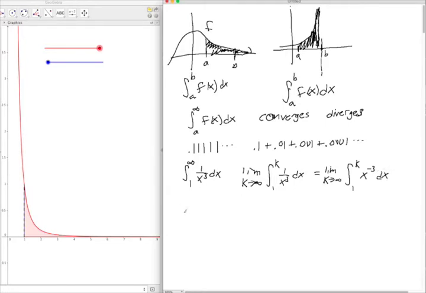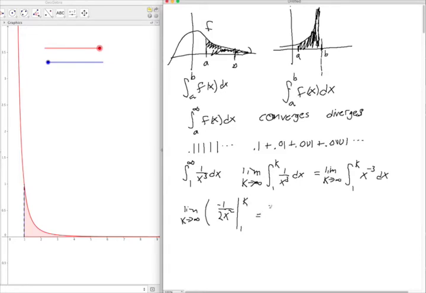So the rule, which is pretty easy: the limit as k goes to infinity of, now the antiderivative of this, we add 1 to the exponent and we divide by the new exponent. So that's going to be negative 1/2 times x to the negative 2, or just 1 over x squared on the bottom. And we're going to evaluate that from 1 to k.